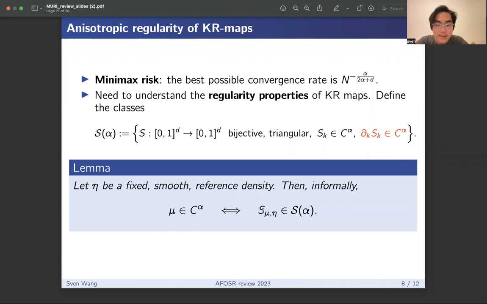Philosophically, this means that this S of alpha class is the correct class to minimize over when we want to model alpha smooth densities.